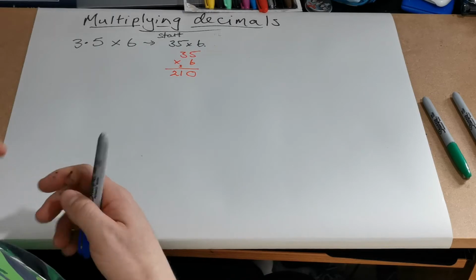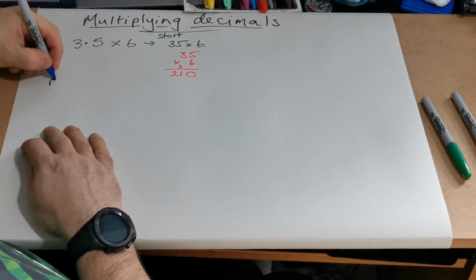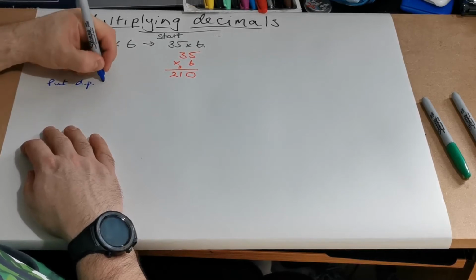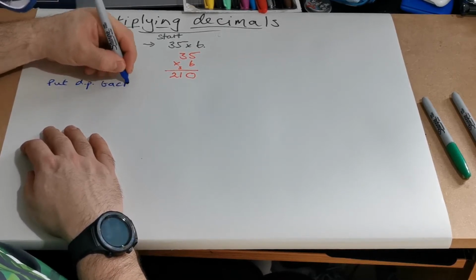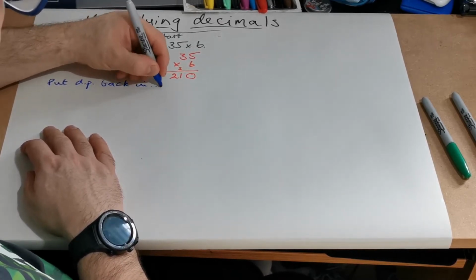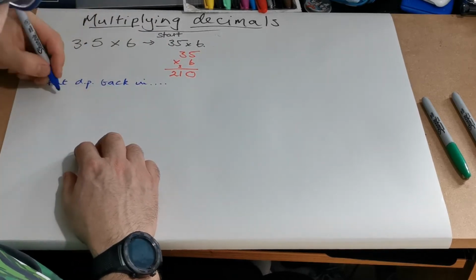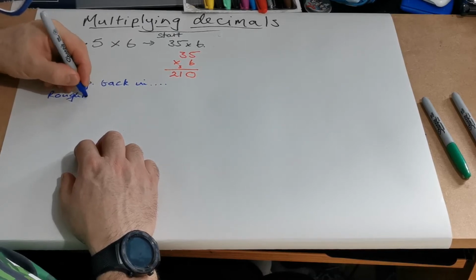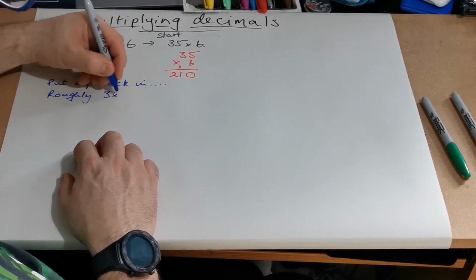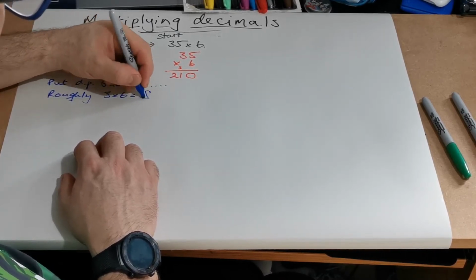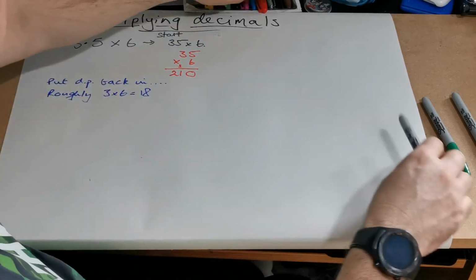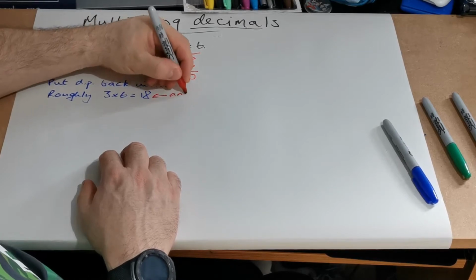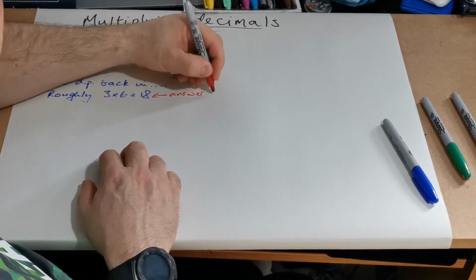Now, I need to know where to put the decimal point back in. Well, if I look at it roughly, 3 times 6 equals 18, so my answer must be close to 18.